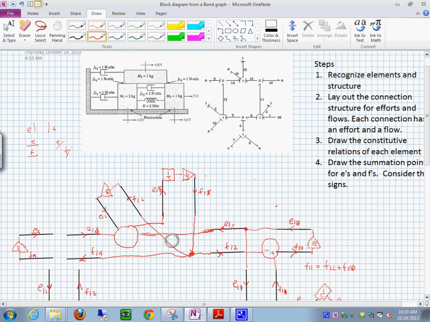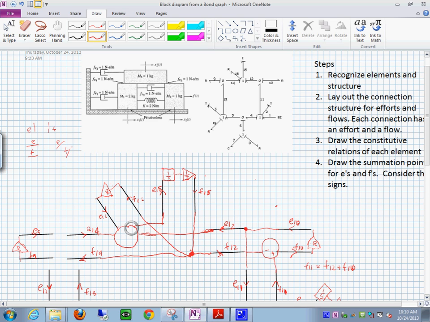Okay, so the question now is which way are the signs now? These are the flows in here. You see, we need to do it in terms of the one that is out, and that is E15.